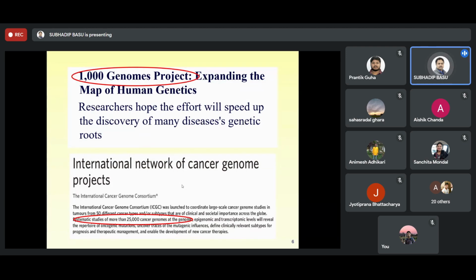So in advanced countries, the trend is going in that direction, especially these days. For the next one, that is the Cancer Genome Project, there are situations where in the US you have different types of cancer patients, and for many cancer patients, they are sequencing the genome.